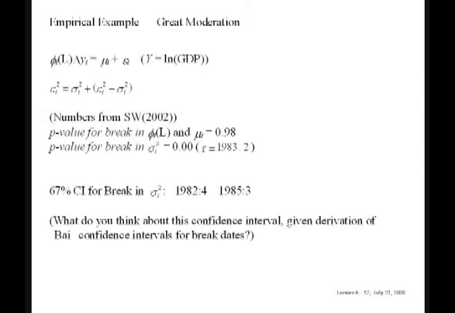This break for this particular example probably is too big for this by stuff to make me feel good about it. This is sort of too tight. So do I really think this is a 67% confidence interval? Probably not.